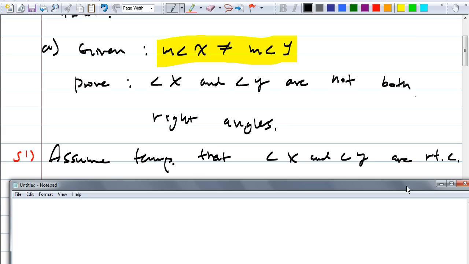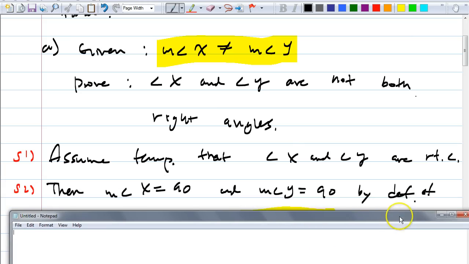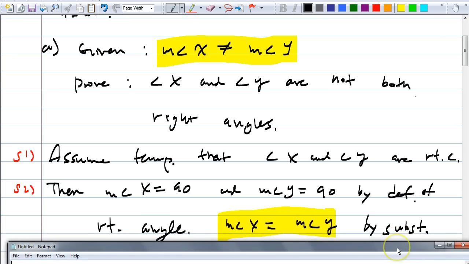Yeah, so if I assume x and y are right angles, what do you know about the measure of angle x? It's 90. What's the measure of angle y? So if they're both 90, guess what? They're both congruent. So if we assume temporarily that x and y are right angles, we know that both of these angles are congruent, or their measures are equal, right? So then, Iveta, do you see the contradiction to the given fact? Now there's your contradiction, correct?